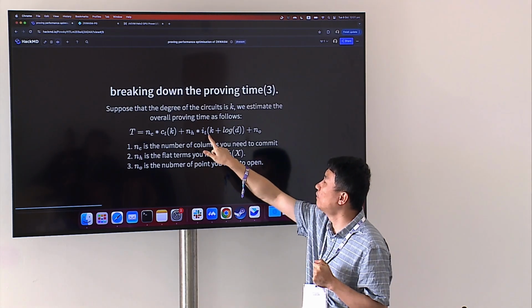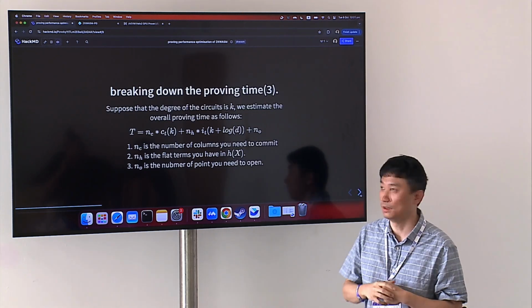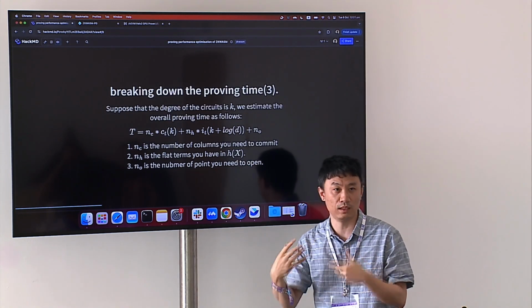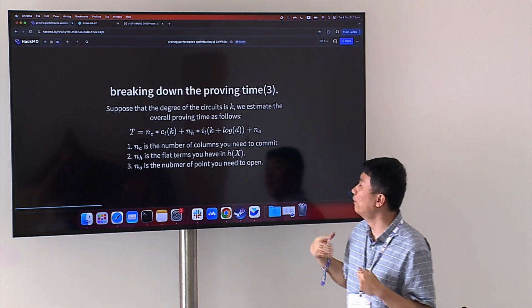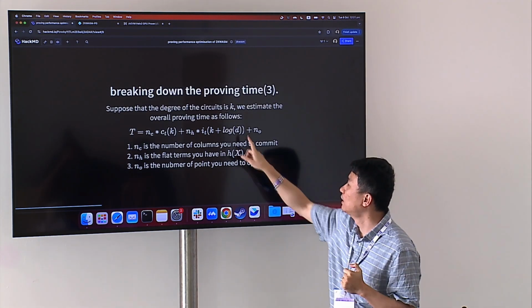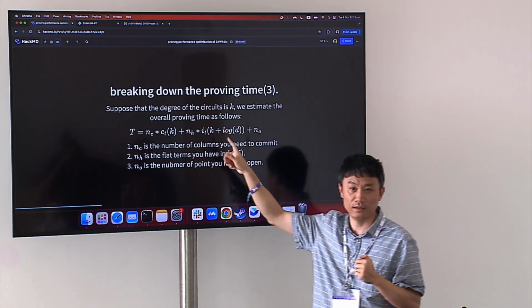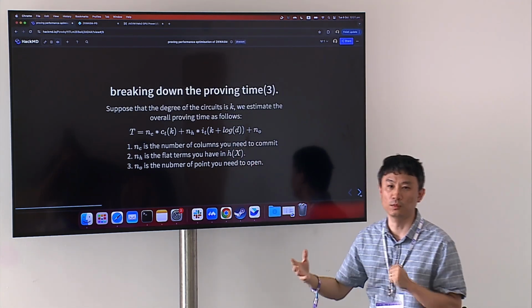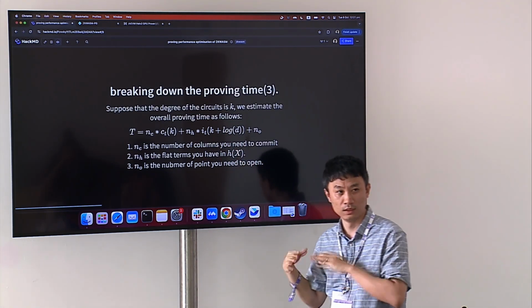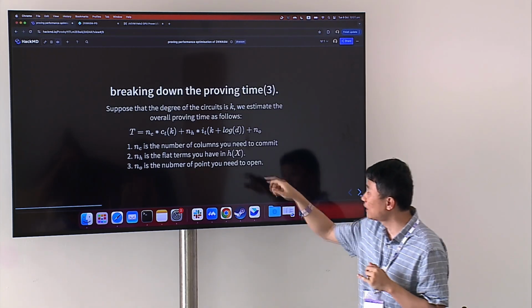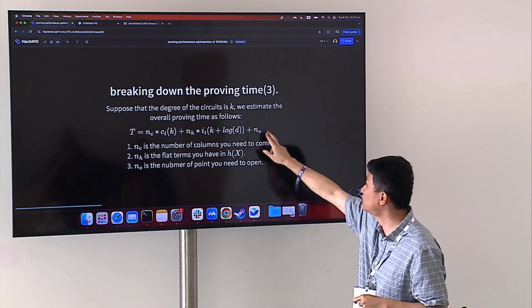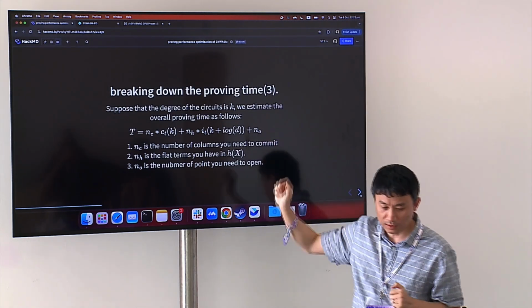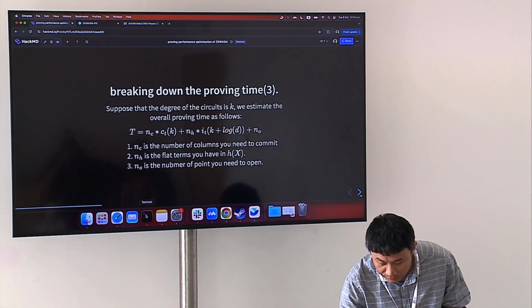Then this is the term of the NTT part. Because you have to do it on the extended field, the real term that is spent is this. If you have degree 4, then you add 2 more degrees, 2 times 2, on calculating the NTT vectors. And this is the open term that you're going to spend.